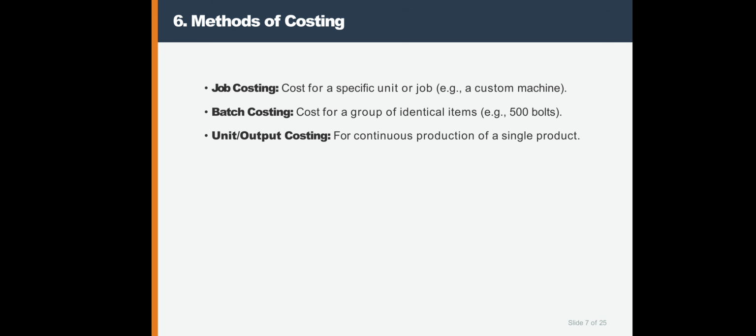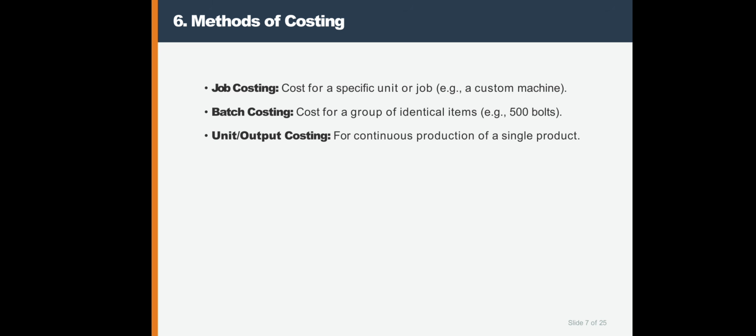A custom machine is a good example. In this method, the total cost for each order is obtained from the daily cost sheet. This method is adopted in job order industries such as shipbuilding, machine manufacturing, fabrication, building, contracts, etc.